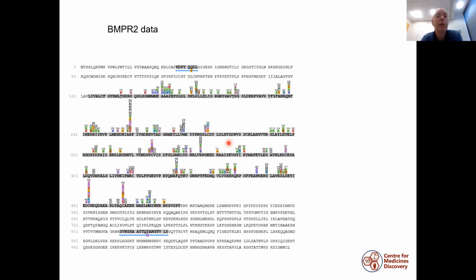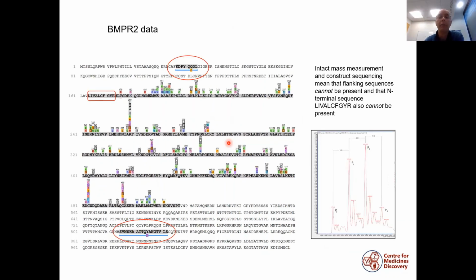This is the second component, BMPR2, and what happens here is slightly alarming, because what we appear to have is peptides, flanking peptides here and here. Unfortunately, we know from the intact mass, and we also know from having sequenced the construct, that the construct begins here.